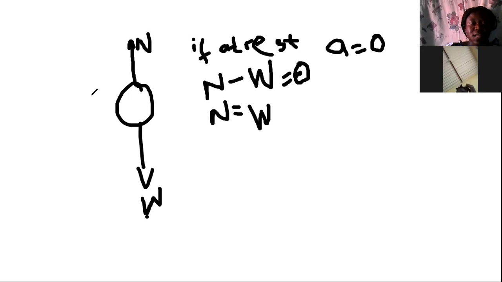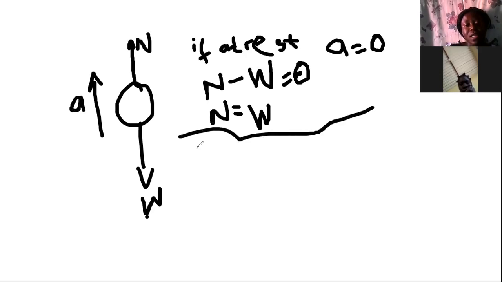Okay, let me say, if you are going up, if the elevator starts to move up now, then what do you feel? Now let's say you are in motion going up.